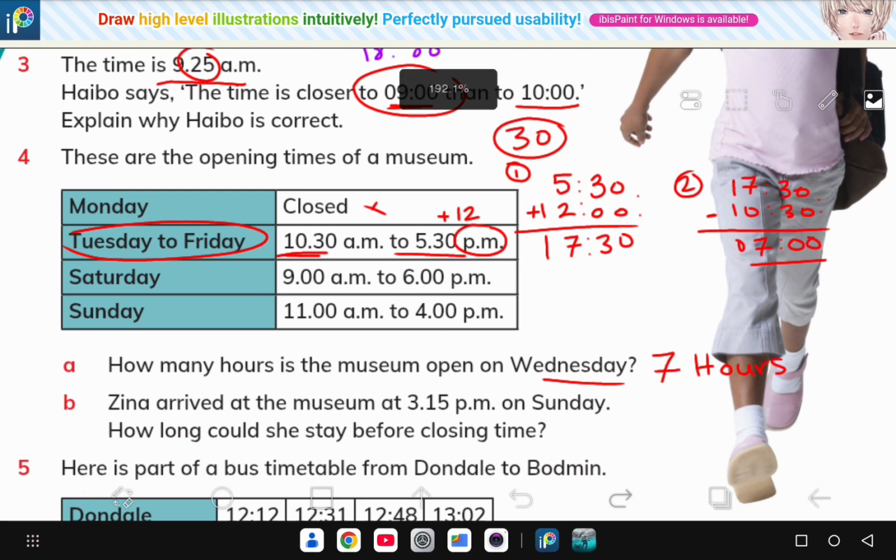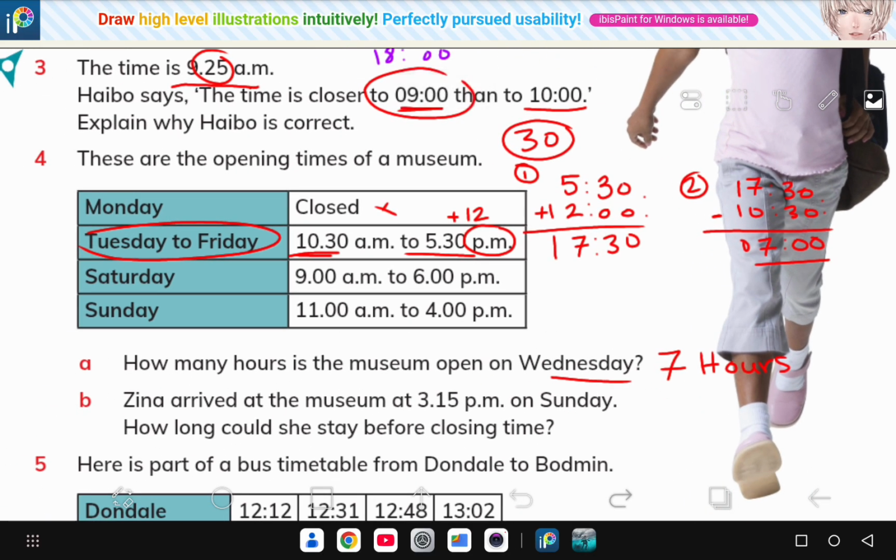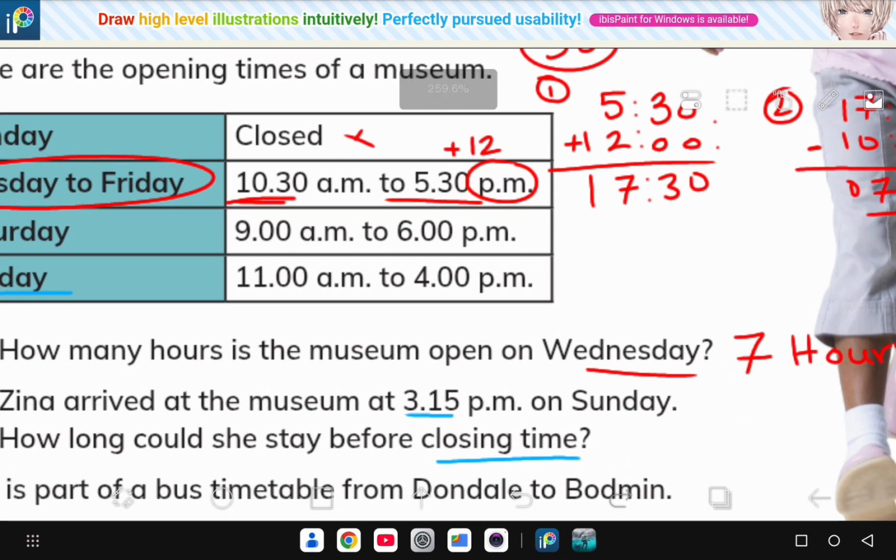B, it says, Zana arrived at the museum at 3:15 p.m. on Sunday. Here is Sunday. How long could she stay before closing time? It closes at 4 p.m. and she came at 3:15.